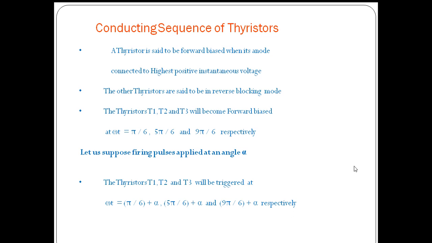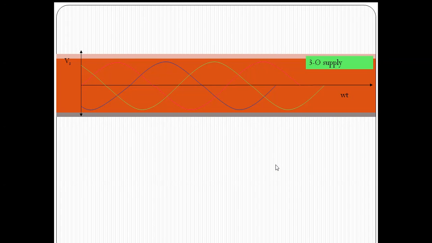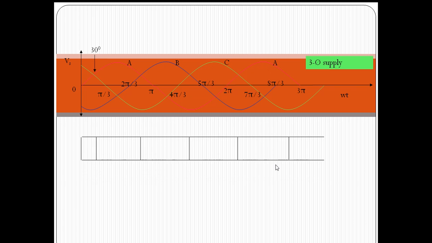At these times the thyristors are forward biased and we are applying the firing pulse with a delay angle of alpha. So the time instant at which we are operating is this time plus this delay, again this time plus this delay, and again this time plus this delay. At these instances we are firing the SCRs. So this is the waveform representation.